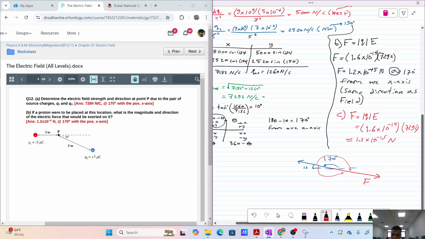So the angle is 170 plus or minus 180 degrees. Start by subtracting: 170 minus 180 gives minus 10. Can I say it's minus 10 degrees from positive x-axis? No. So we say it's 170 plus 180, which is 350 degrees from positive x-axis.